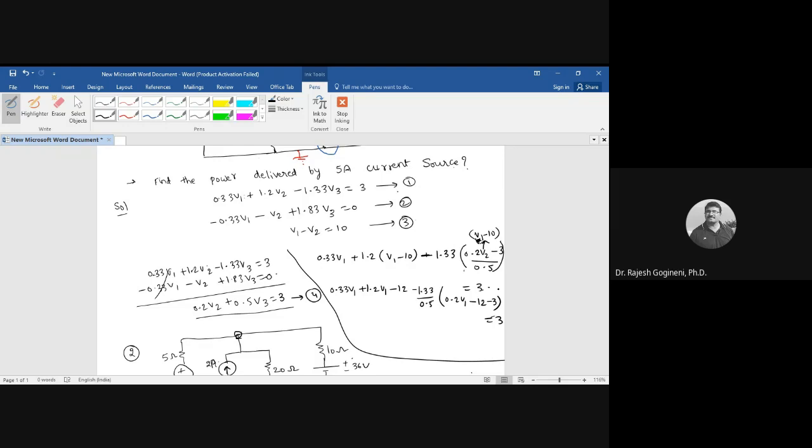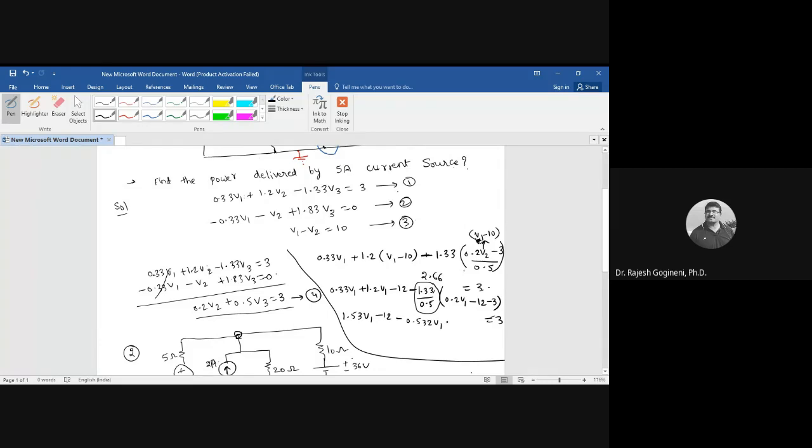1.33 divided by 0.5 is 2.66. You can multiply this. 0.33 plus 1.2, that is 1.53. First two terms give 1.53 V1 minus 12, minus 2.66 into 0.2, 0.532 V1.